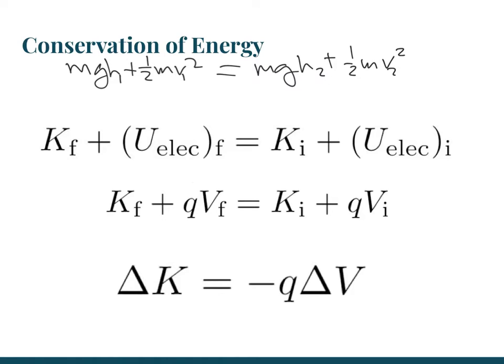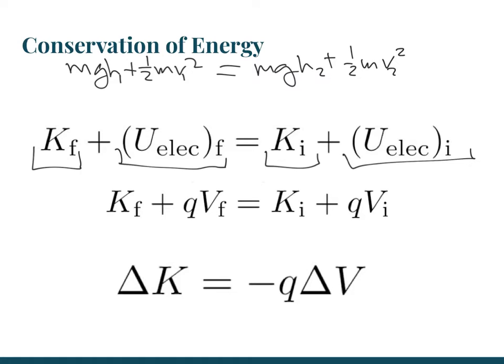That same thing happens with charged particles. So this K is kinetic energy, which is calculated the exact same way, 1/2 mv squared. And this U is the potential energy of the charge, and it's electric potential energy.